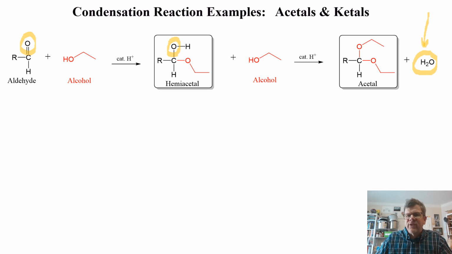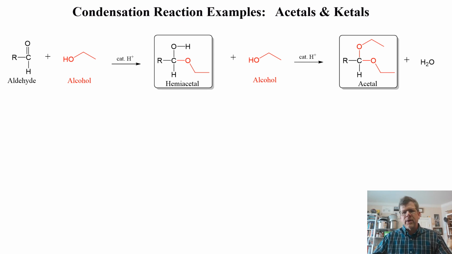A full acetal, really a strange looking structure if you look at it. And we'll be talking more about that structure and how to differentiate between them as we move along in the next couple of slides.